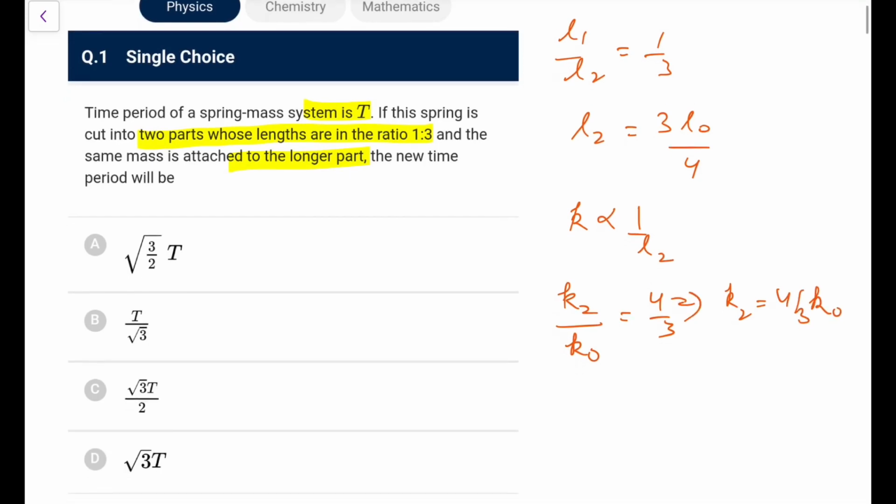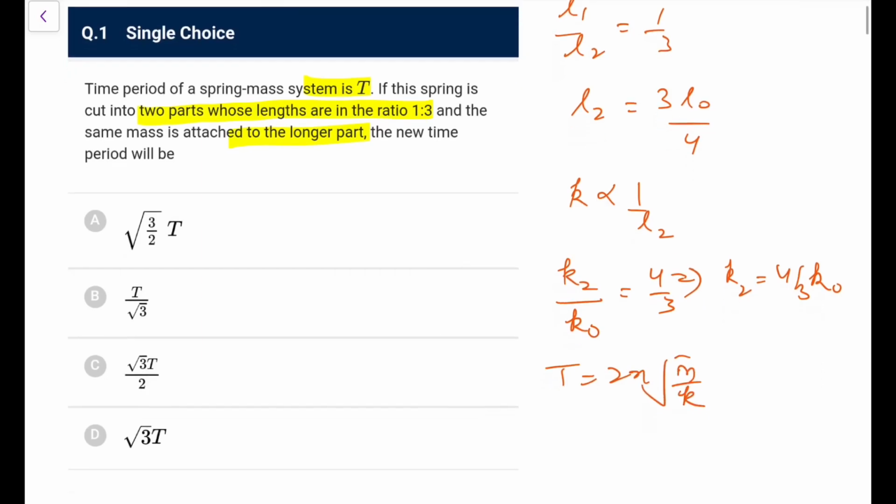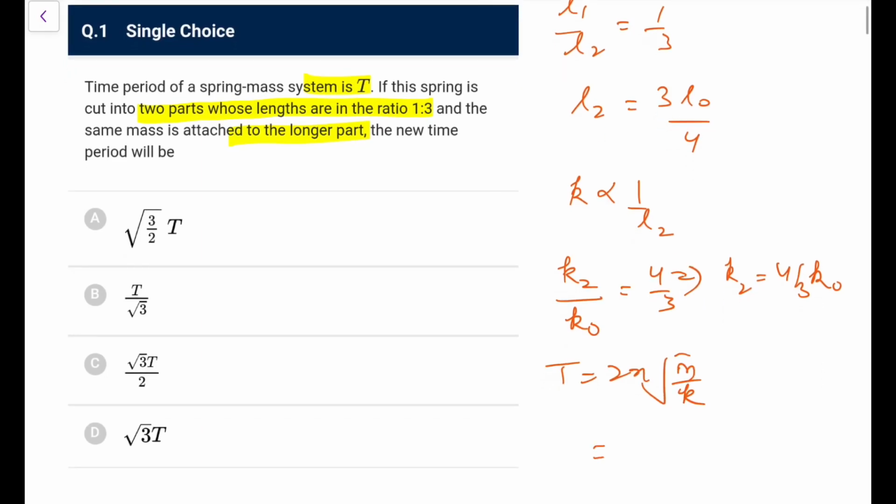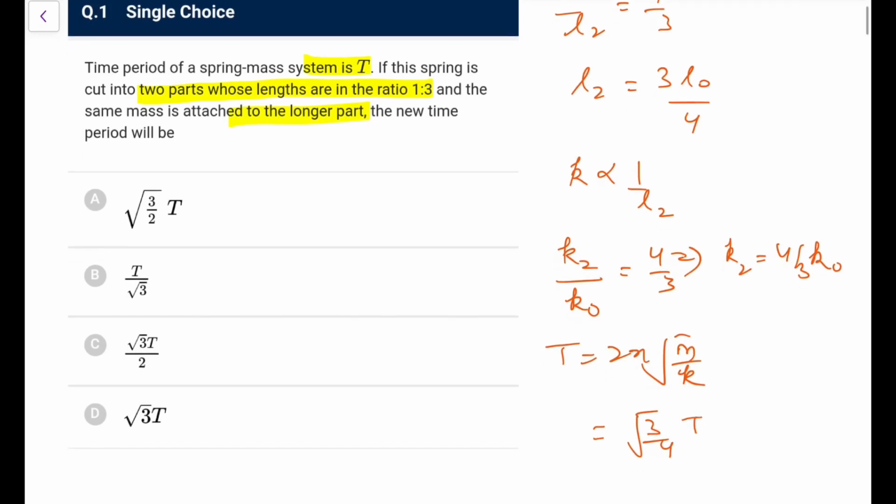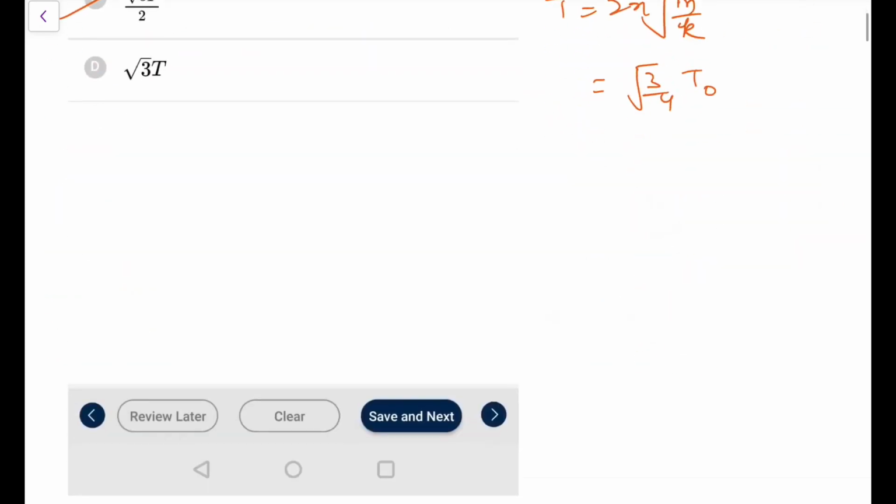Time period is 2π root of m by K, mass is the same, K has become 4/3, so the time period becomes root of 3/4 times the original T0, or you can write it as (root 3)T/2, that is option C, you can tick.